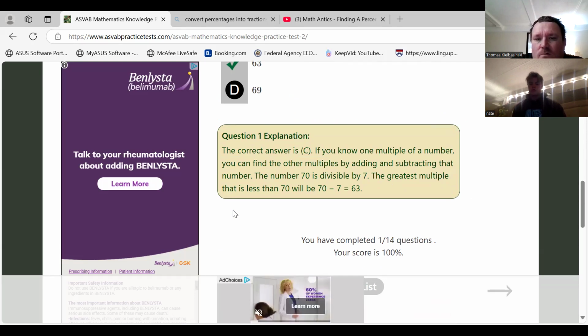The greatest multiple that is less than 70 would be 70 minus 7 equals 63. But also, if you see a less than sign in there, it usually means to subtract. And 7 goes into 63 9 times. 7 goes into 70 10 times. So that's how that answer comes about.